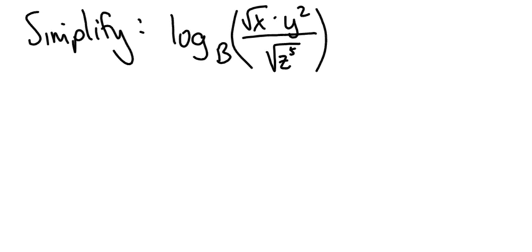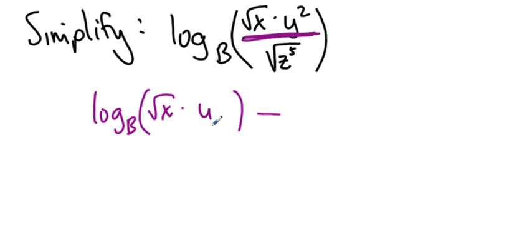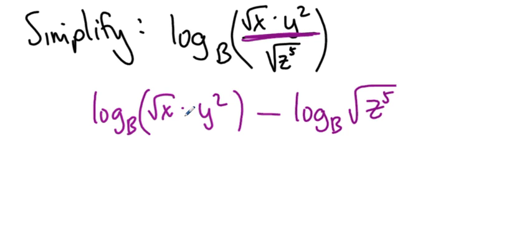So what do I do in this scenario? Well, I know I've got a quotient, and when I've got a quotient, I know I've got to subtract 2 things. I've got to subtract the log base b of radical x times y squared and the log base b of radical z to the 5th. But, oh, wait a minute, that's a product.